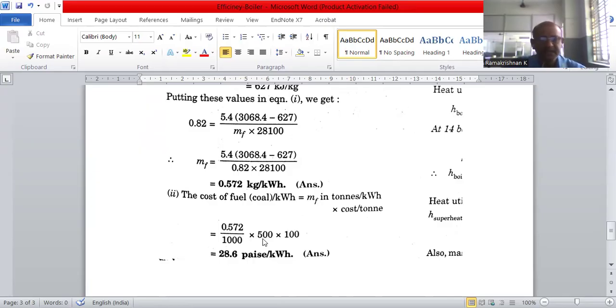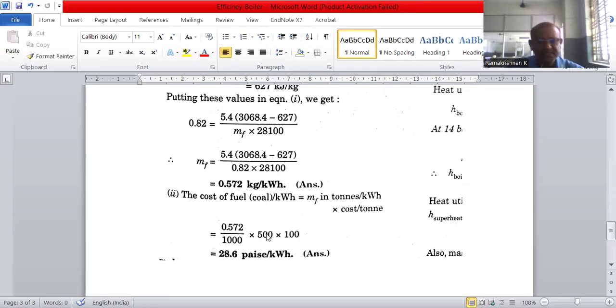But we have to calculate the fuel cost per kilowatt hour, so we multiply by 0.572, the mass of the fuel per kilowatt hour. For 1000 kg the fuel cost is 500, so for 0.572 kg per kilowatt hour we can get the fuel cost per kilowatt hour.